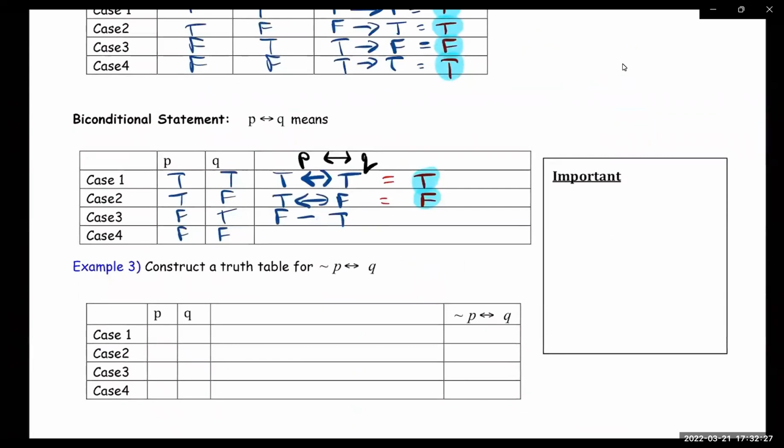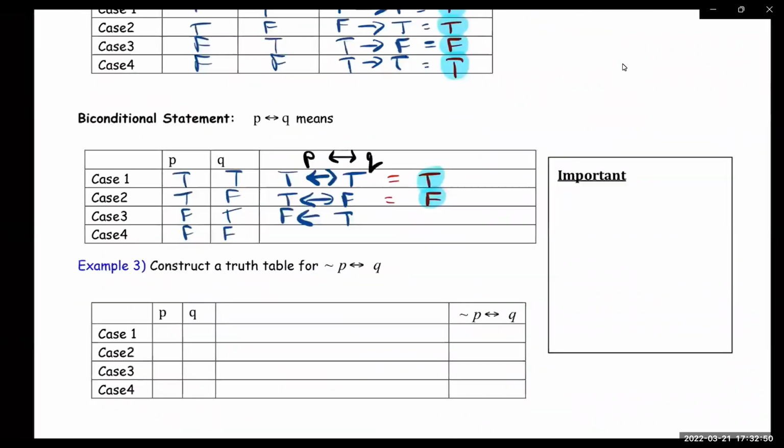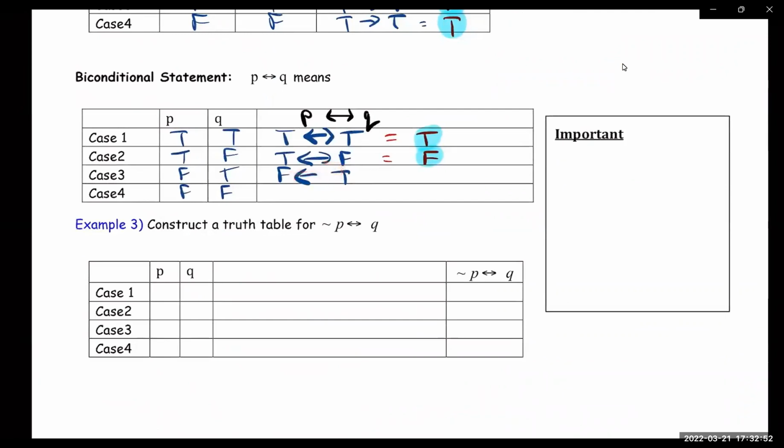If you go to the left this time, if true, then false. Is that a true statement or a false statement? If you start with the true and you end up in a false, that would be false. So it works going to the right, but it's false going to the left. Therefore, overall, it's false because it doesn't work both ways. It only works one way.